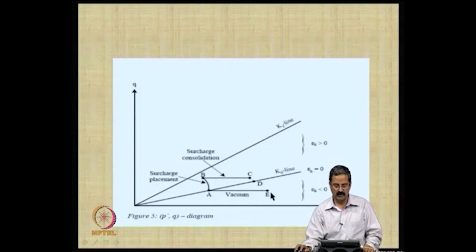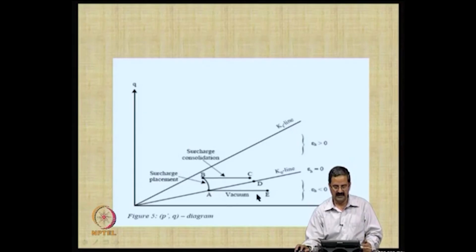You have created a vacuum, which means that you have increased the effective stress. So, P has increased to a particular point, and still it is not strained, there is no strain there. We always say that a compacted sample will have less compressibility compared to a saturated soil, as simple as that.